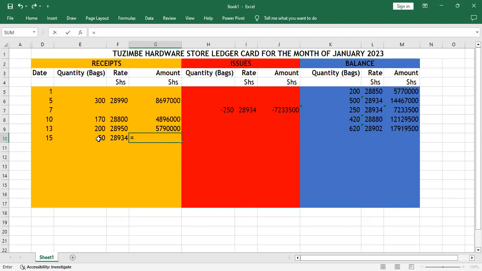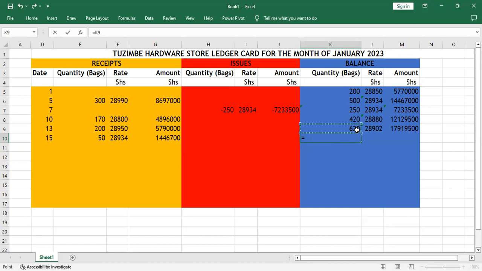How would we get the amount? We get our bags times the cost, giving us 1,446,700.